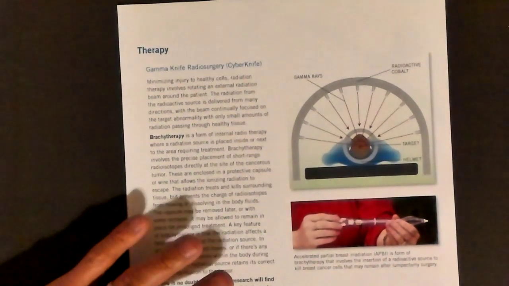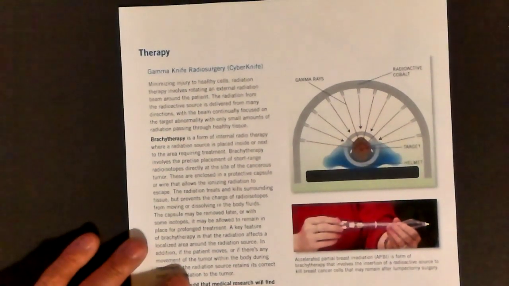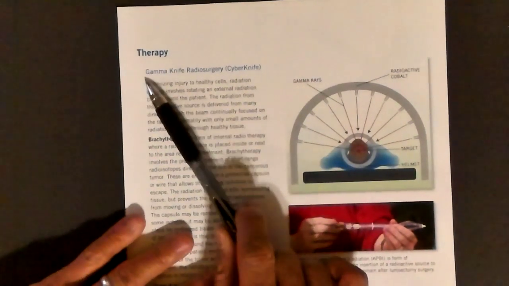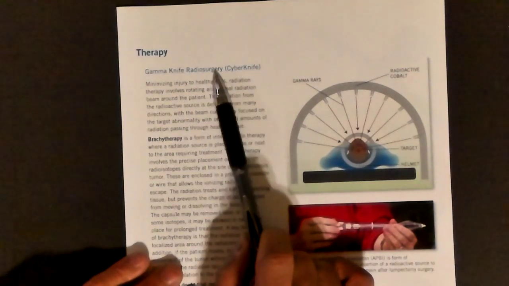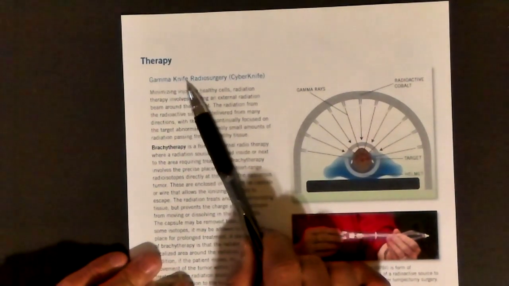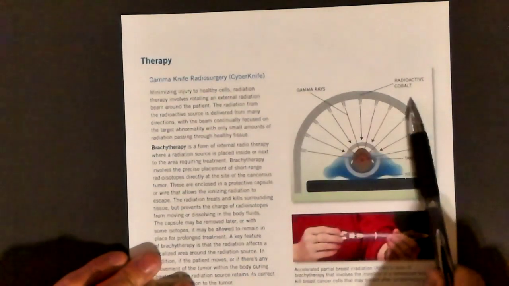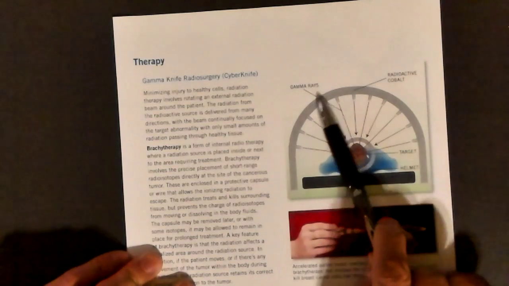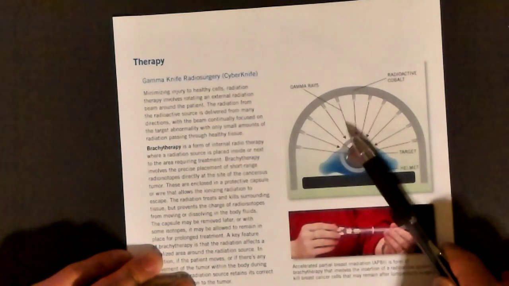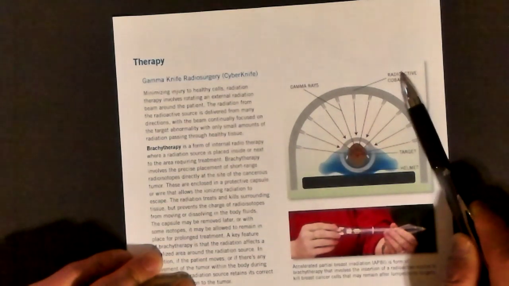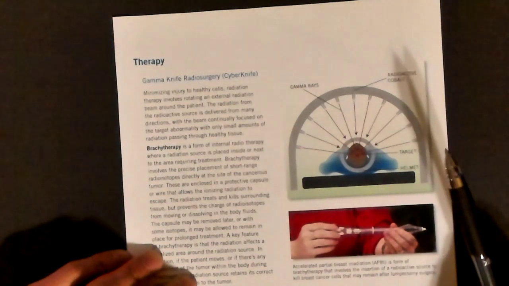Okay, now there's other types of therapy that one can do, and here's a neat little picture of what's called gamma knife radiosurgery. Gamma knife radiosurgery looks something like this. You have sort of a wheel, like a bicycle wheel, of gamma rays, and these gamma rays are being emitted by, for example, radioactive cobalt.